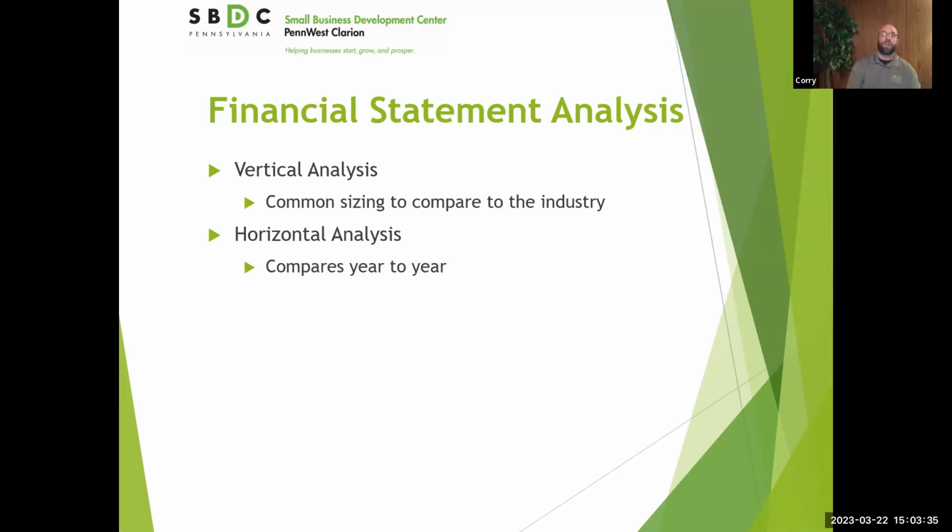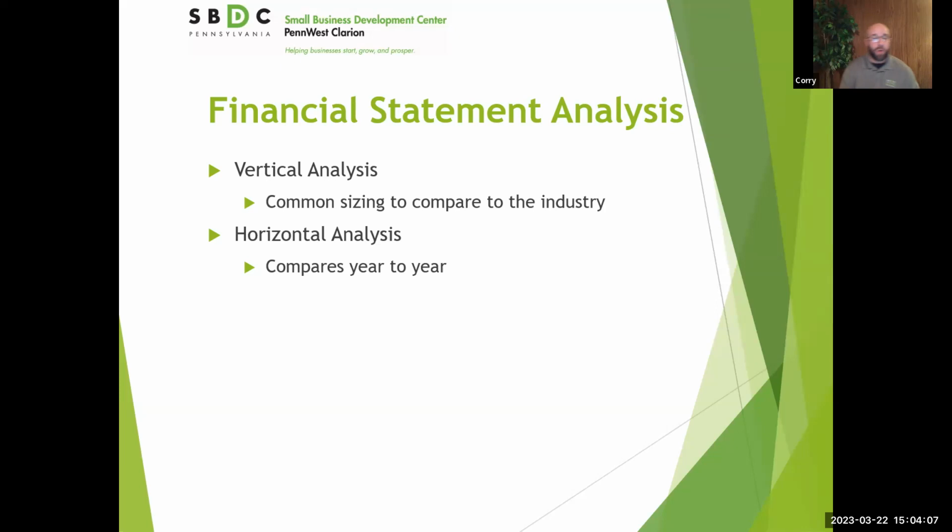And once I surveyed all of them and I come up with what the averages are, I'm going from really high to really small mom and pop shop and averaging it in the middle. Now I can take those averages and compare them to you, because you might have even been in that survey for all we know. And that's what common sizing is, taking you as compared to the average number for the industry. That's vertical.